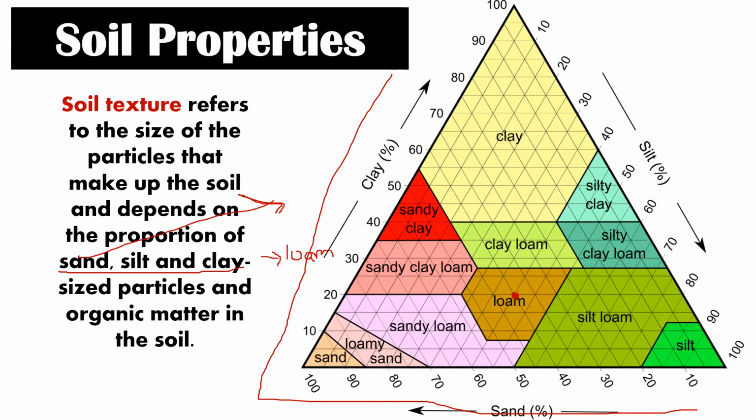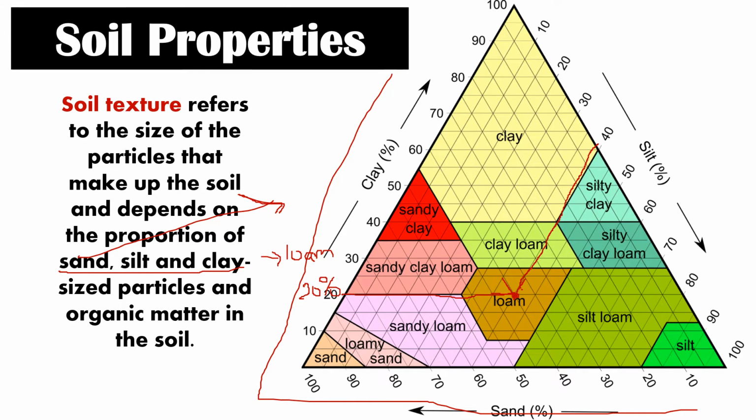So may tatlong lines dyan. Yung horizontal, yung diagonal inclined to the left, and diagonal inclined to the right. So yung horizontal represents the proportion of clay. So we can say here, that dito sa point na to, 20% is clay. Dito naman, yung inclined to the right represents the proportion of silt.